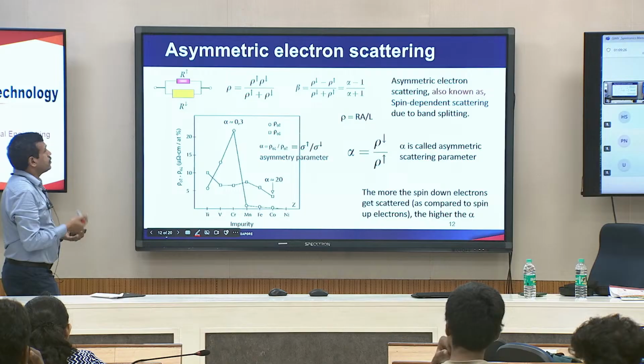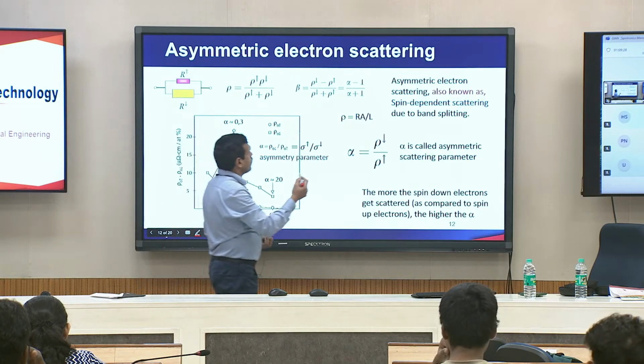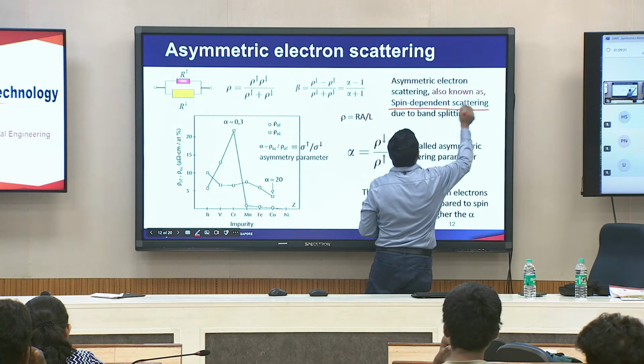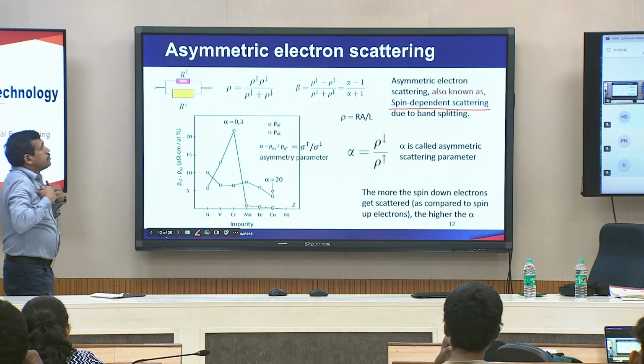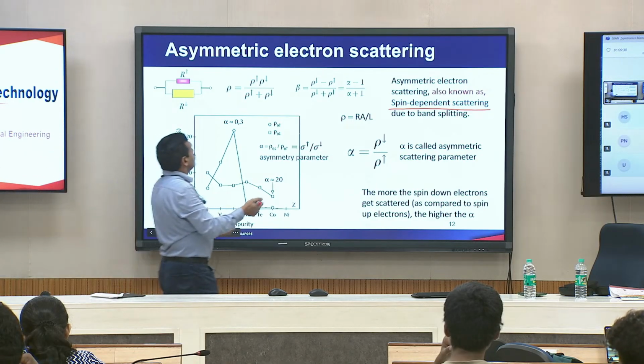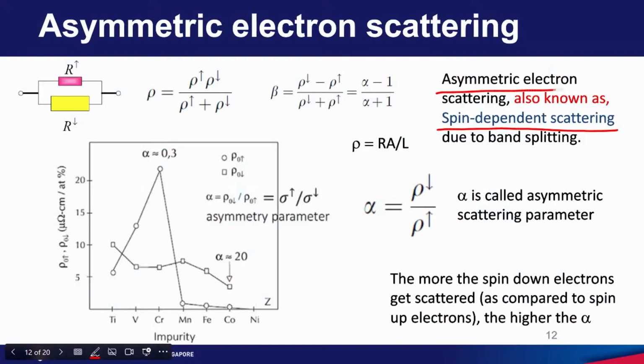Okay, so when I talked about spintronics, first I used this term without defining what it is. Spin dependent scattering is also called asymmetric electron scattering. This happens due to the band splitting. We just learned that the spin up electrons get scattered less, so they have a low resistance path. Spin down electrons get scattered more, so they have a high resistance path.